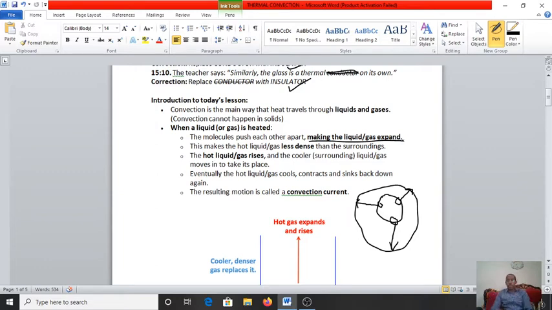Now, expansion is an increase in volume. But I think you remember from your expression for density that density equals mass divided by volume. See? So if this mass is kept constant, then density is inversely proportional to the volume.